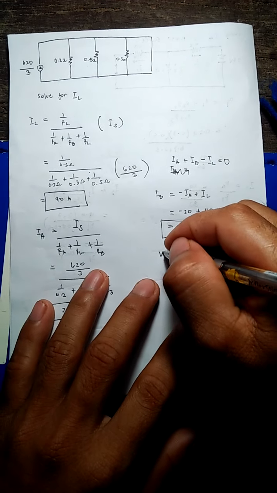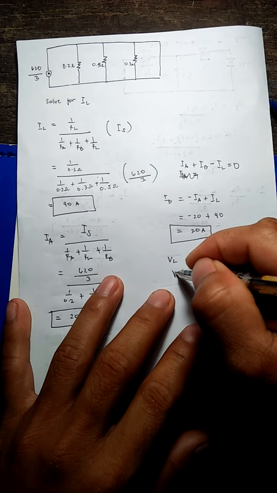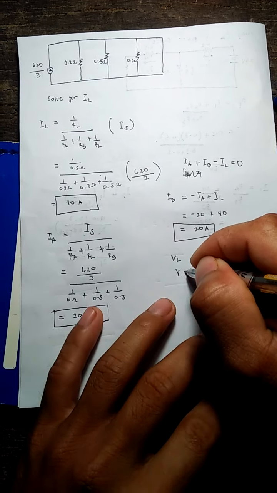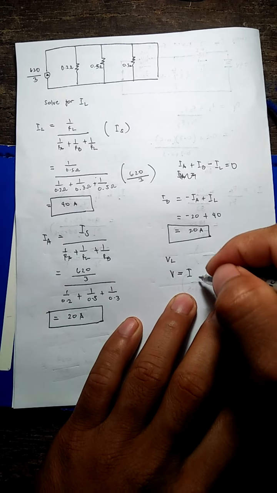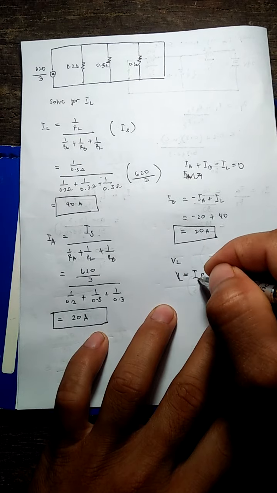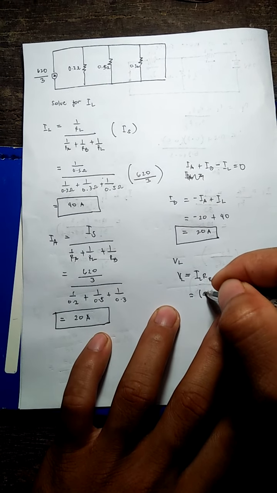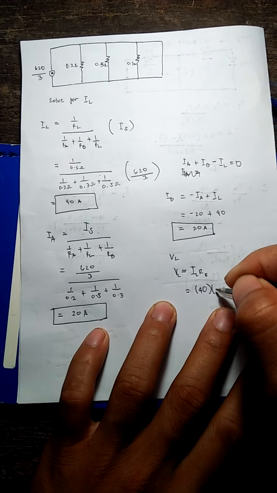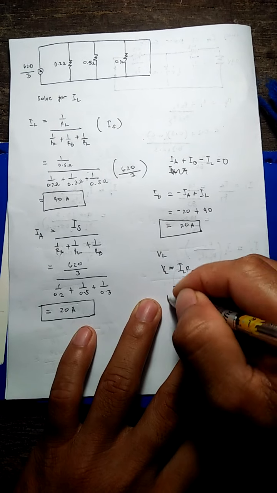Solve for VL. We know that V is equal to I times R, or current times resistance. So VL is IL times RL. We can now solve 40 times 0.5, so we have the value for our VL as 20 volts.